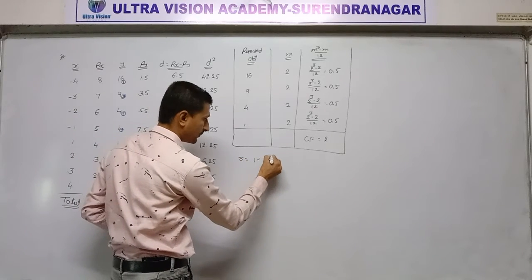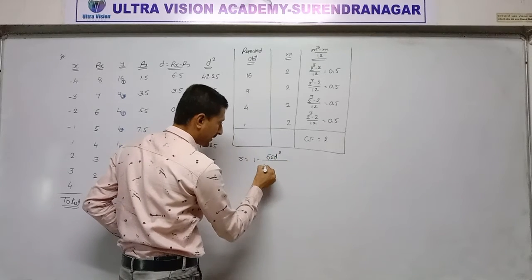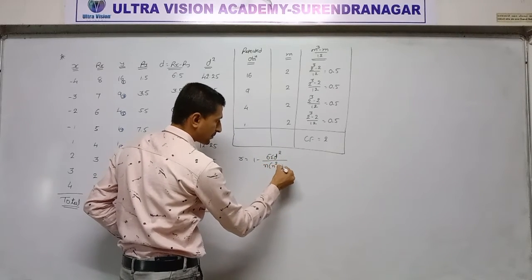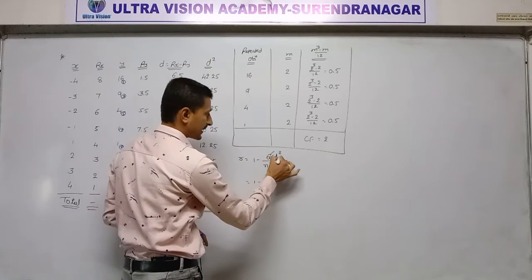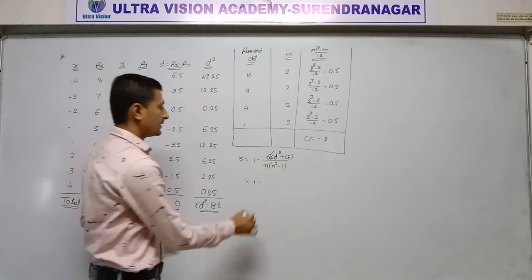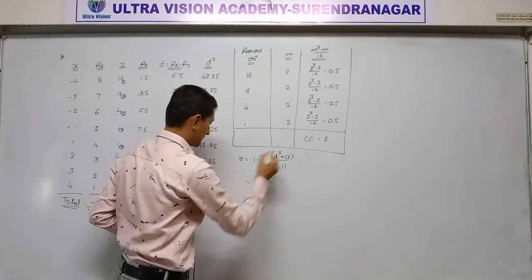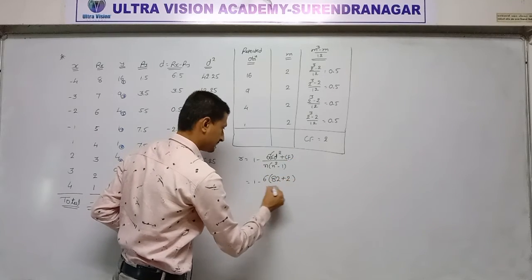Now write the formula. R is equal to 1 minus 6 sigma d square divided by n in bracket n square minus 1. Sorry, 6 in bracket sigma d square plus CF, correction factor, formula is. So 1 minus 6 in bracket sigma d square 82 plus CF is 2.